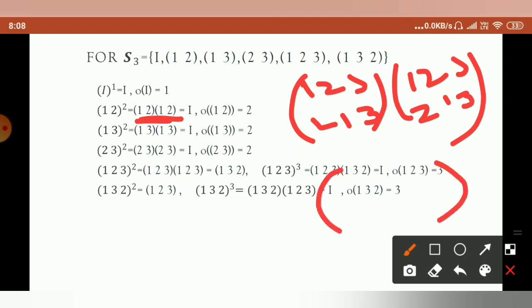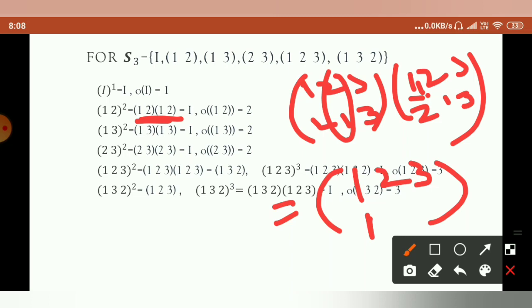Now when we multiply them, we write the elements 1 2 3 as they are. Now we write the image that will be the product of these two. First we see the image of 1 from here. The image of 1 is 2 and the image of 2 is 1, so the image of 1 is 1. Now for 2, the image of 2 is 1 here and the image of 1 is 2, so the image of 2 is 2.